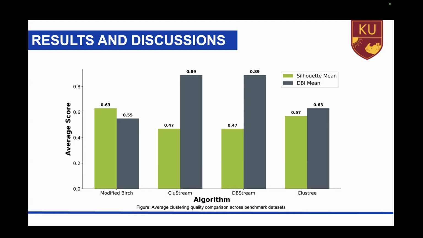We see that the modified batch is performing good enough in comparison with the second best performing technique, ClusterTree, because the DBI is pretty good at 0.55, and the mean similarity score is also close to ClusterTree, at 0.57. Overall, the performance of the real-time batch was found to be good and satisfactory.